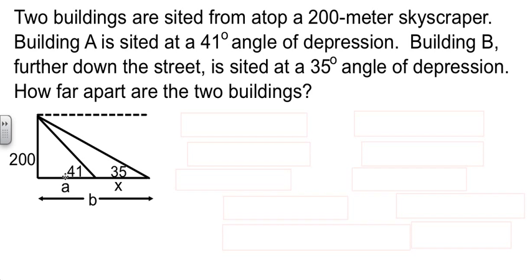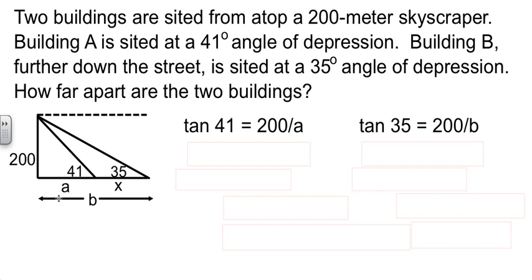From the 41-degree angle, 200 is opposite, A is adjacent, that sounds like tangent. From the 35-degree angle, 200 is opposite, and I called this whole side B.